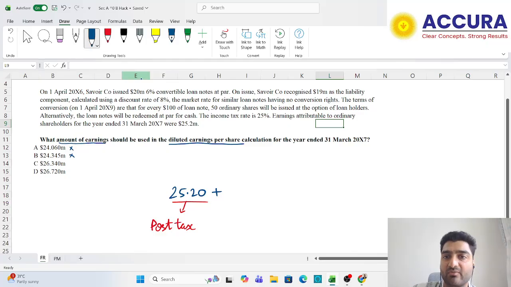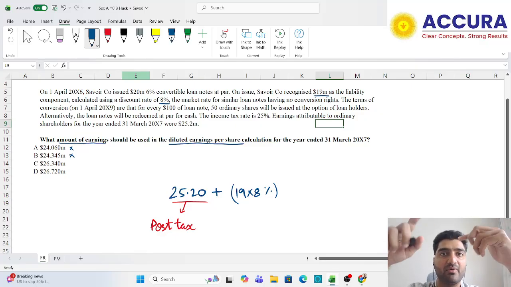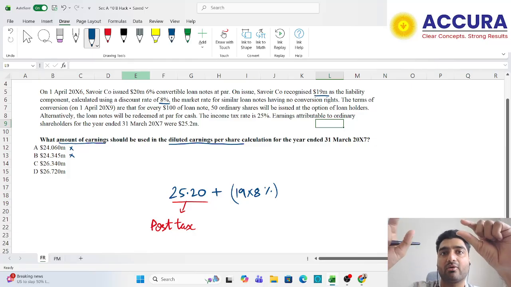And the interest that we will be calculating here is the liability component $19 million multiplied by the 8% rate, that is the effective interest rate. We won't be saving the entire interest. The reason is if I save my expense, then my profit increases by that amount, because of which I now have to pay tax on that additional savings as well.